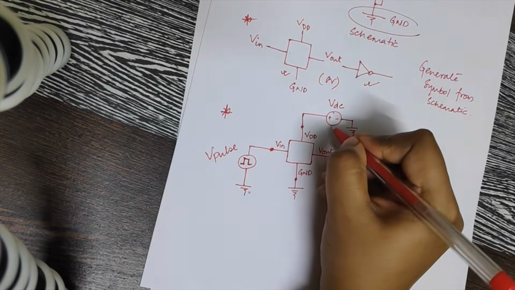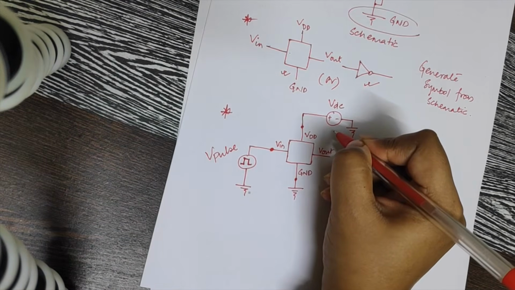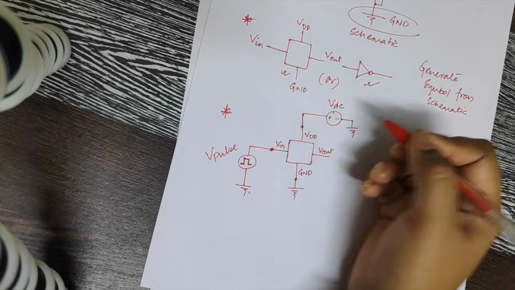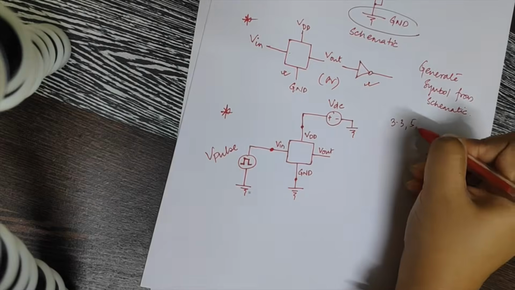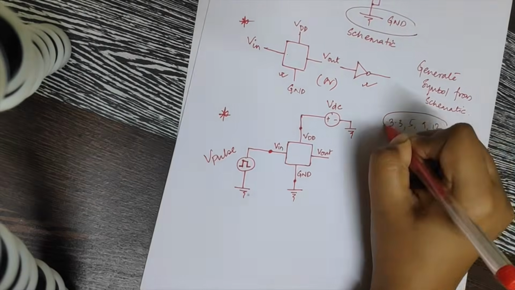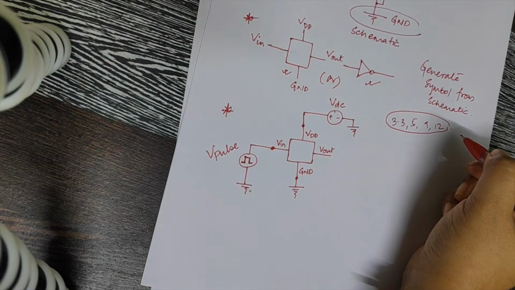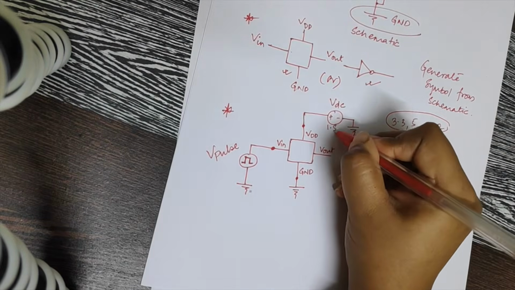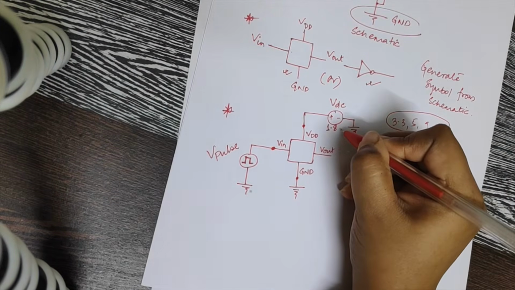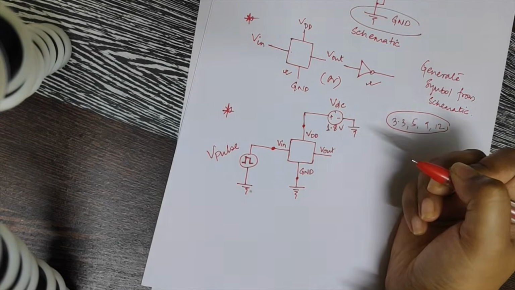And you have the option of giving the value over here. Normally in VLSI, we don't use 3.3 or 5 or 9 or 12 that you are accustomed to in your analog and digital labs. In VLSI, the power supply should be 1.8 or 2.5. So I like to stick with 1.8 volts.